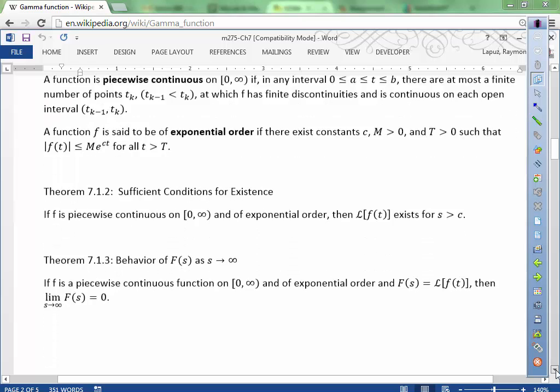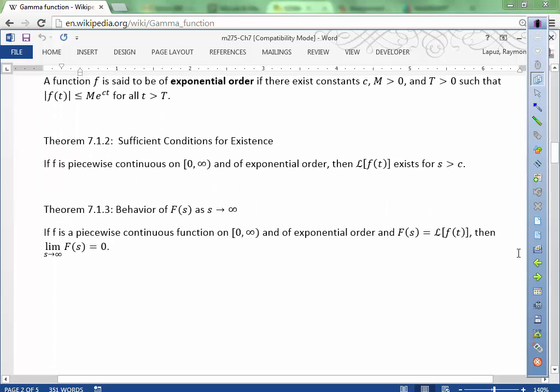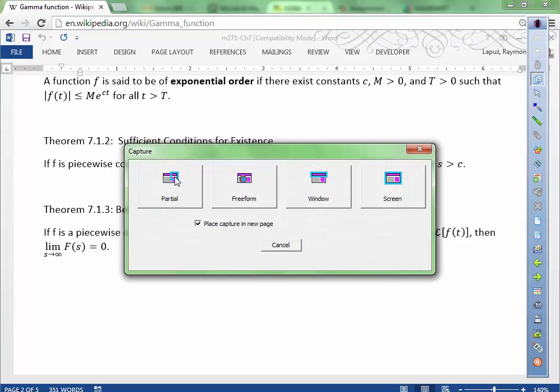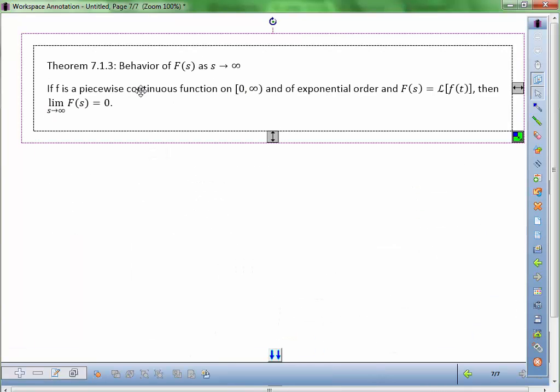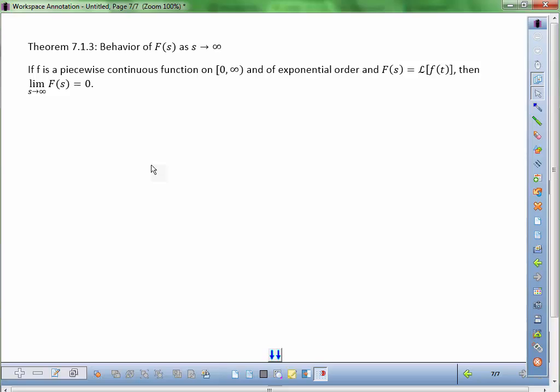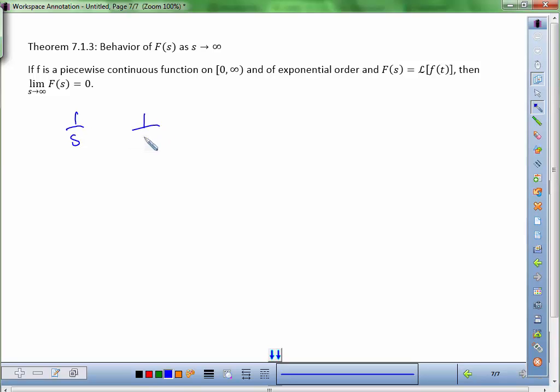Beyond that, I asked what you guys thought about the Laplace transforms that we found so far, and Becca mentioned that they all look like they're approaching 0. If we collect a handful of the ones I remember off the top of my head, they look like 1 over s, or 1 over s minus a, or s over s squared minus k squared, or something like that.